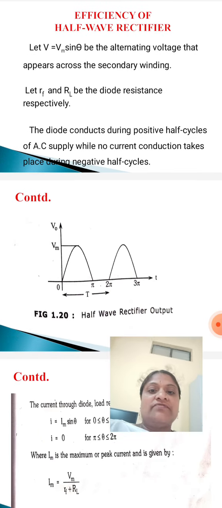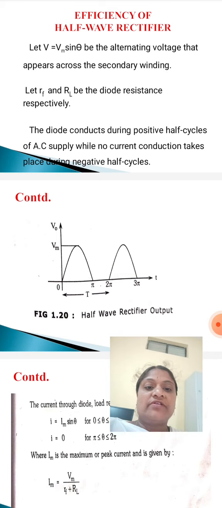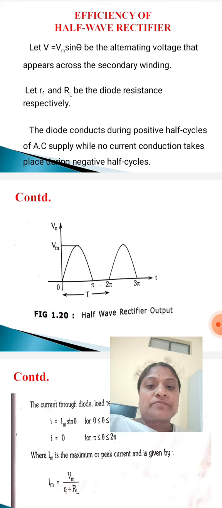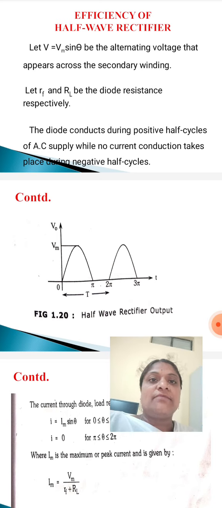So observe this waveform. This is the output waveform of the half wave rectifier. Vm is the maximum voltage. Let V = Vm sin theta be the alternating voltage that appears across the secondary winding.